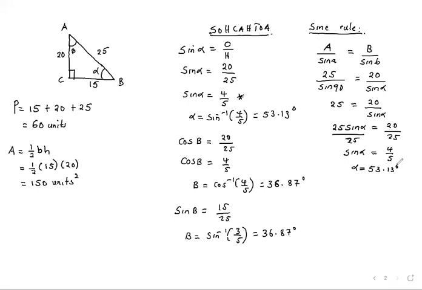Now let's check. Somebody asked, could we get the same area if we used the cross product? Let's see. If we use the cross product, you pick two sides.